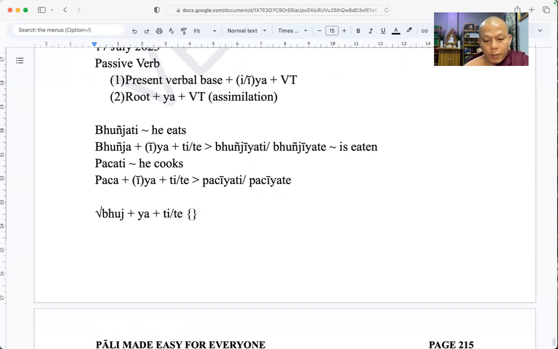At that time, the ending consonant of the root and the "ya" suffix change: ja, ya change to jja. So bhujjati or bhujjate, the same meaning, is eaten.